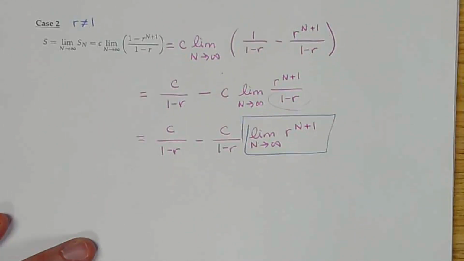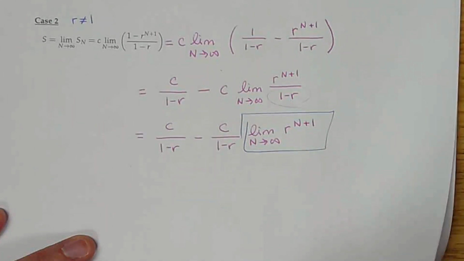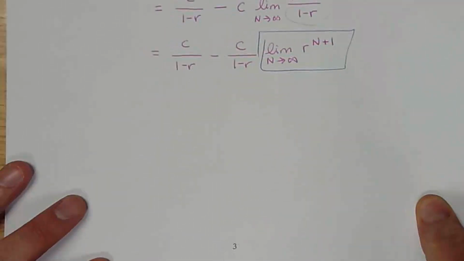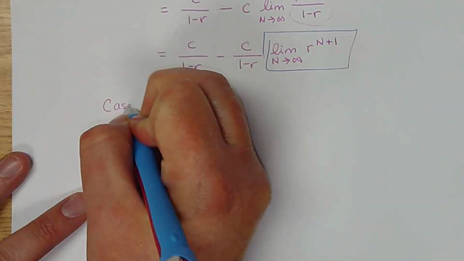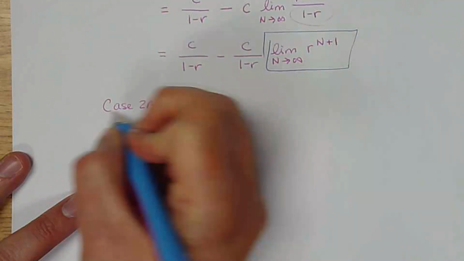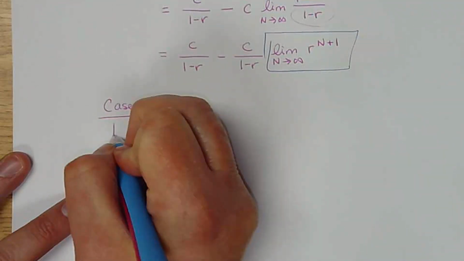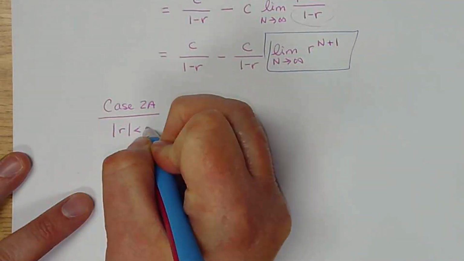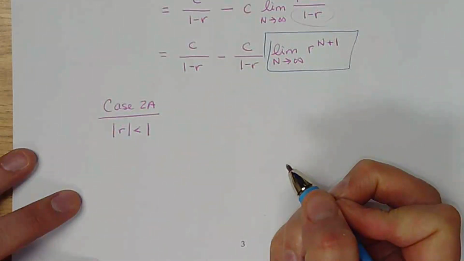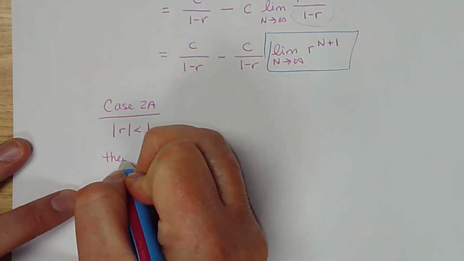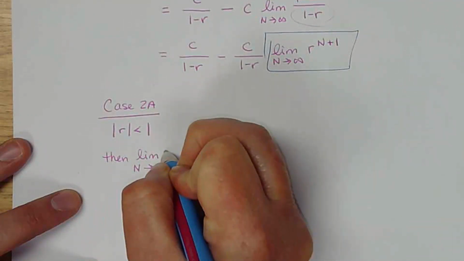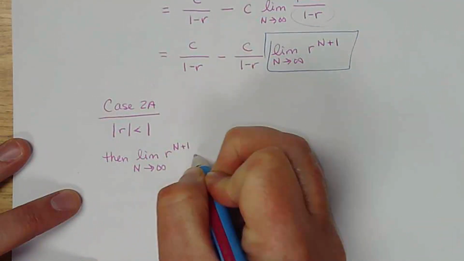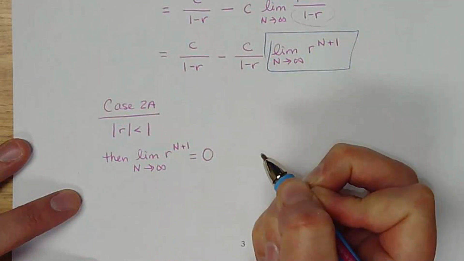And I'm going to look at two possible scenarios here. The first thing I'm going to look at, I'm going to call this case 2a, and that's going to be if the absolute value of r is less than 1. If that's the case, then the limit as capital N goes to infinity of r to the capital N plus 1 is 0.